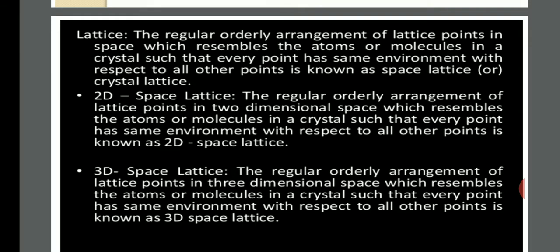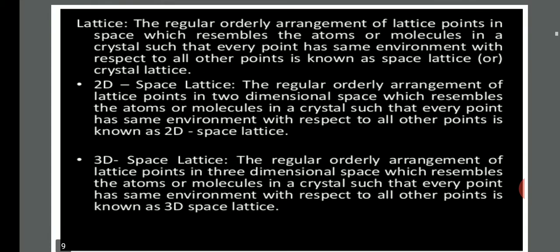This crystal lattice can be two-dimensional or three-dimensional. A two-dimensional space lattice means the regular orderly arrangement of lattice points in two-dimensional space which resembles the atoms or molecules in a crystal, such that every point has the same environment with respect to all other points. Now, what do you mean by three-dimensional?